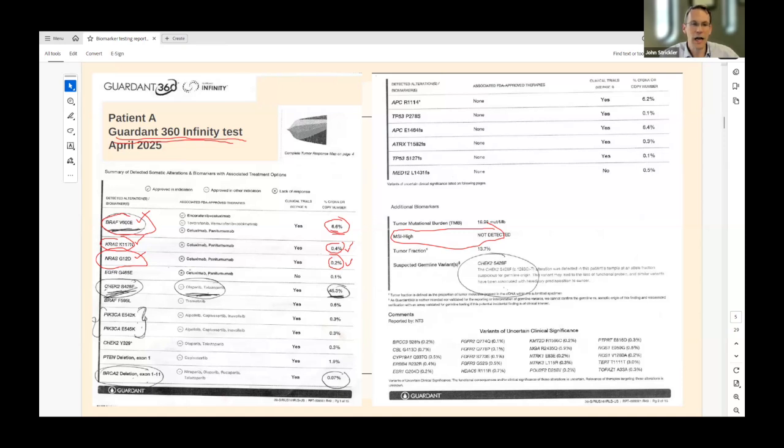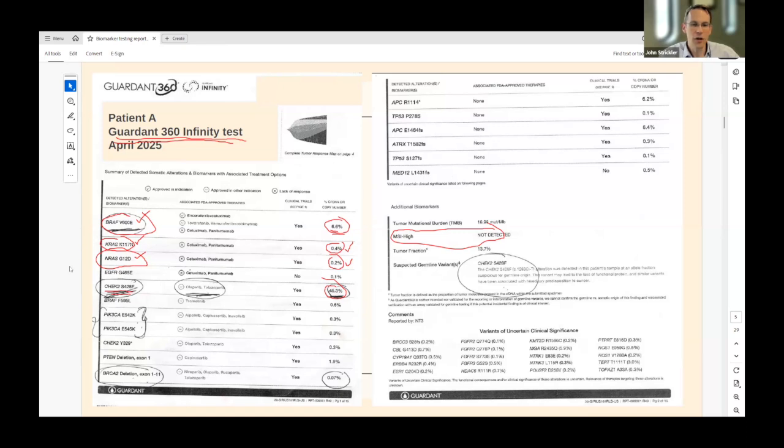The other thing we see now on this report is CHEK2 coming in at 45%. Now, usually when you see 45%, it's no big deal. But when I see 45%, I'm worried about a germline mutation. When things hover right around 50%, you do have to put in the back of your mind, maybe this person was born with this mutation. Maybe it didn't even come from the cancer itself.